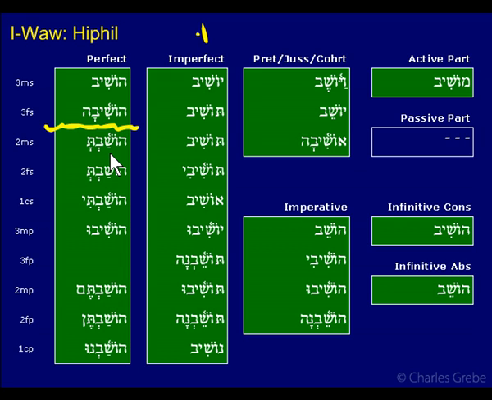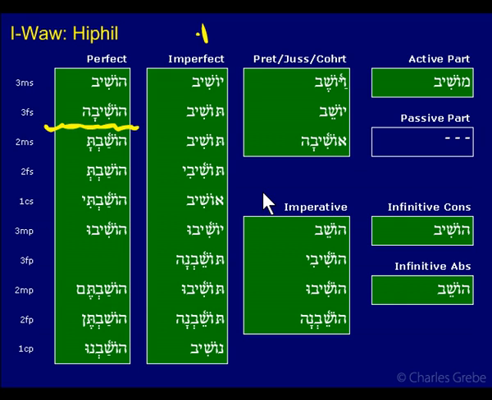So what do you have for a Hiphil? Well, at least you've got the hey. Here you have the I class sticking out from most of it. Here you've lost the I class, but you have the hey. So rely on the hey in these forms here. These forms you have both the hey and you have the I class, either tzere or Hiriq Yud. So you're doing pretty well there.